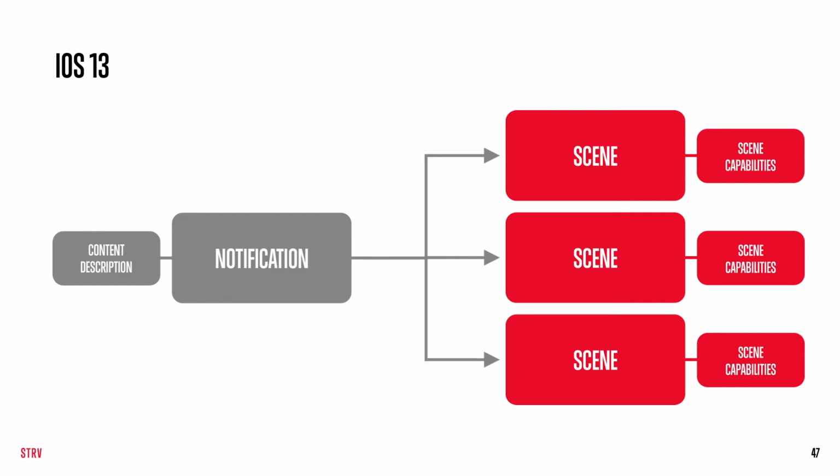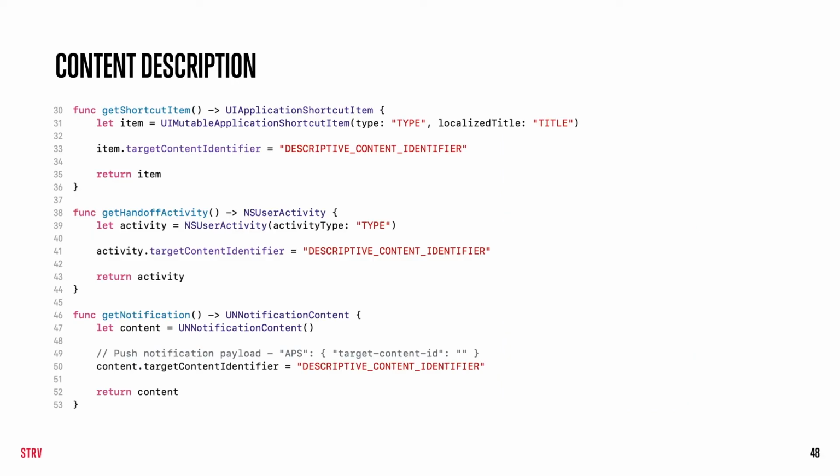If we move on, the content description looks like this. It's not only the notification, but the same situation is for a shortcut item and also for user activities connected to opening your app, for example, with Handoff or with Spotlight search, and so on.